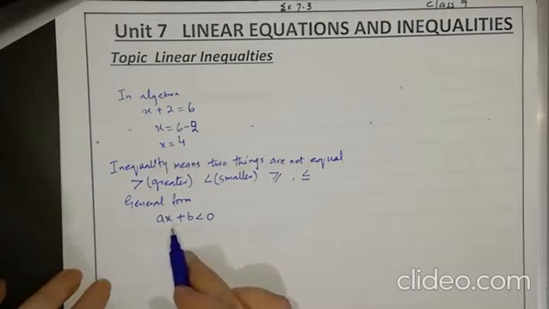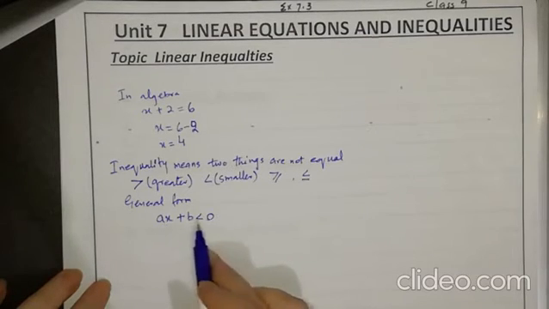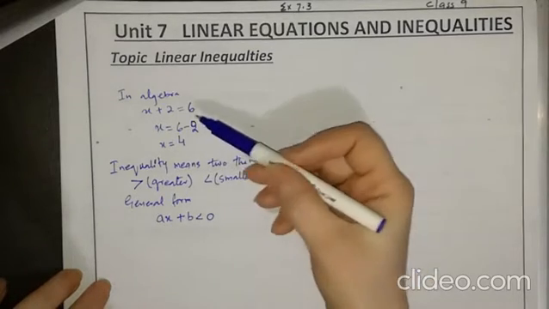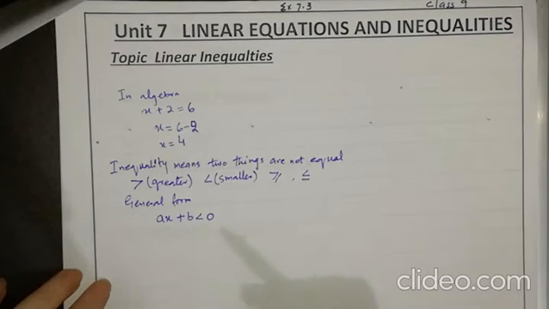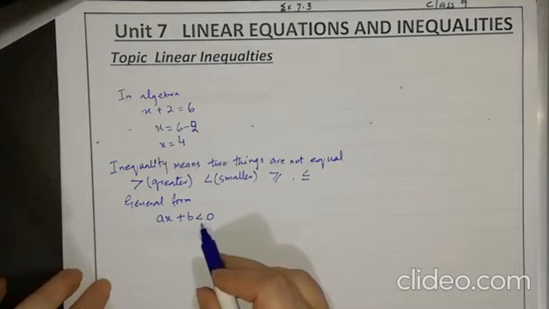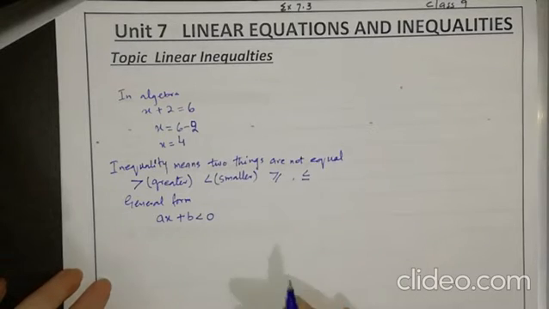A linear inequality in one variable x is an inequality in which the variable x occurs only to the first power. So that's why it is a linear inequality. In an equation we have the equality sign, and in an inequality we have smaller, greater, greater than or equal to, or smaller than or equal to.